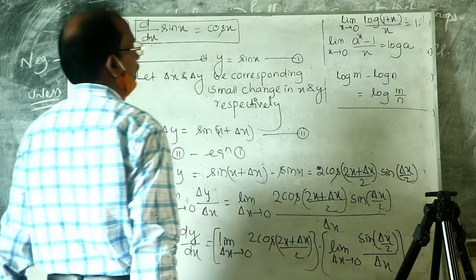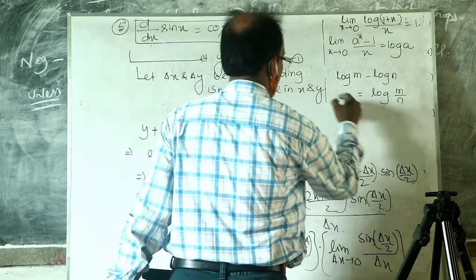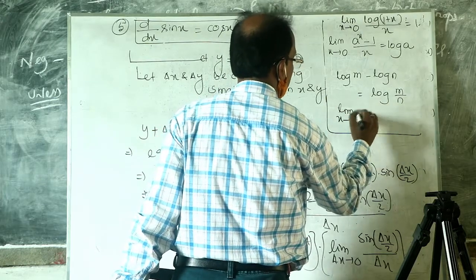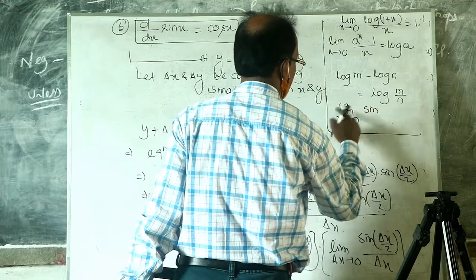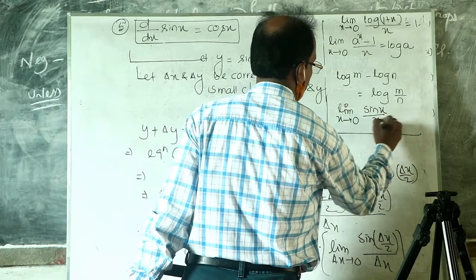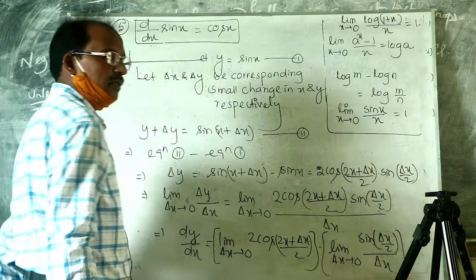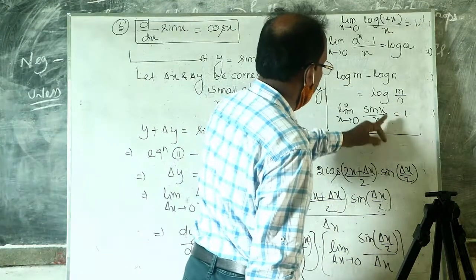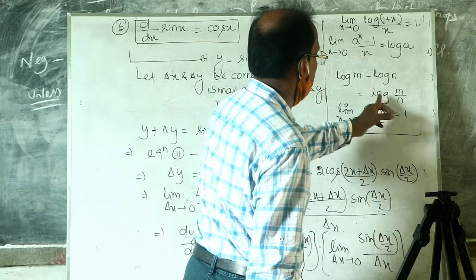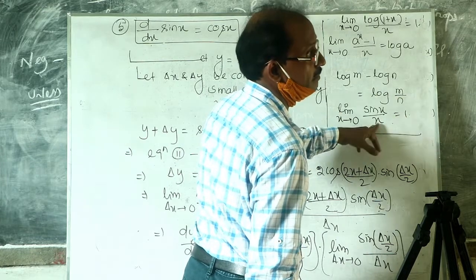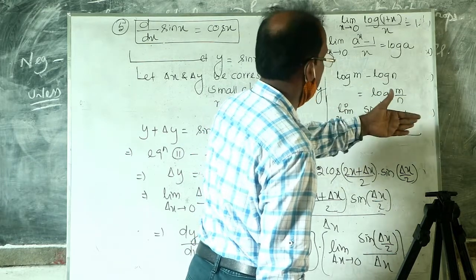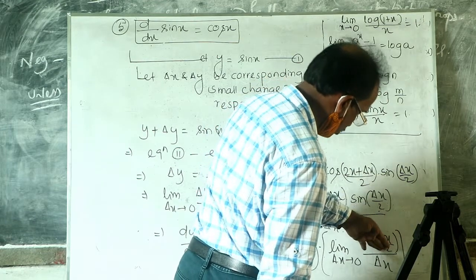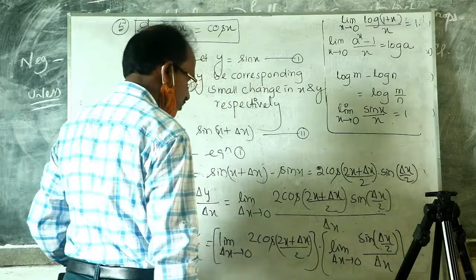We have read a formula: limit x tends to 0 of sin x by x is equal to 1. In a limit there is a formula, so sin x by x is equal to 1, sin 2x by 2x is equal to 1, sin 3x by 3x is equal to 1, sin alpha x by alpha x is equal to 1, sin beta x by beta x is equal to 1, sin delta x by delta x is equal to 1, sin (delta x by 2) by (delta x by 2) will be 1.